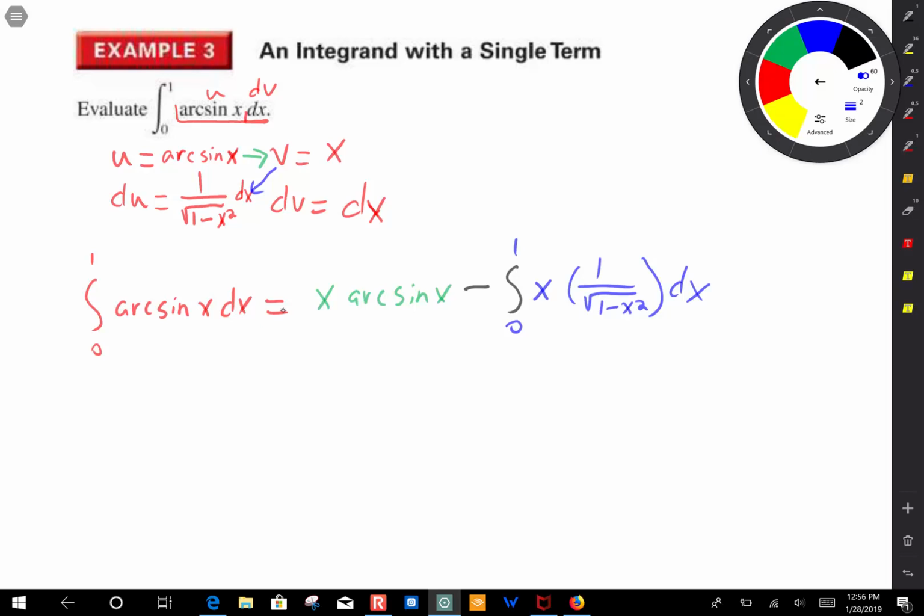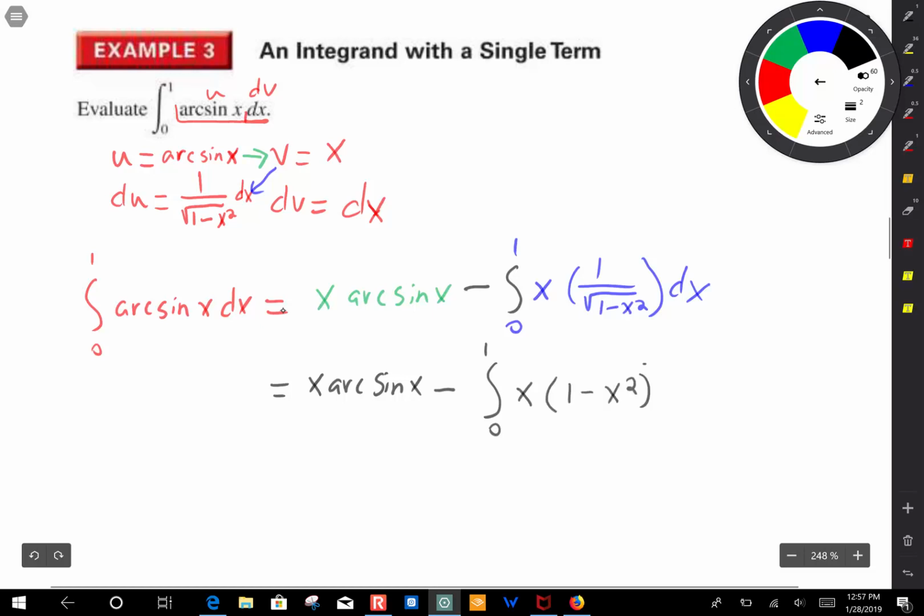So now, in order to take the integral of this 1 over the square root of 1 minus x squared, I have to rewrite this. So the way I would rewrite it is x arc sine of x minus the integral from 0 to 1 of x times 1 minus x squared to the negative 1/2, right?